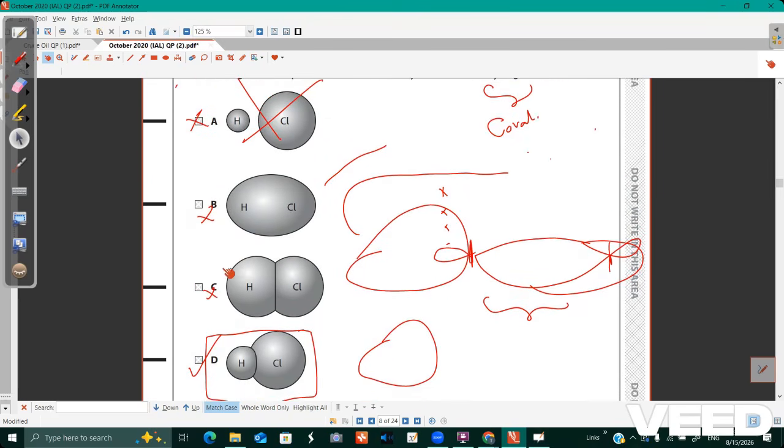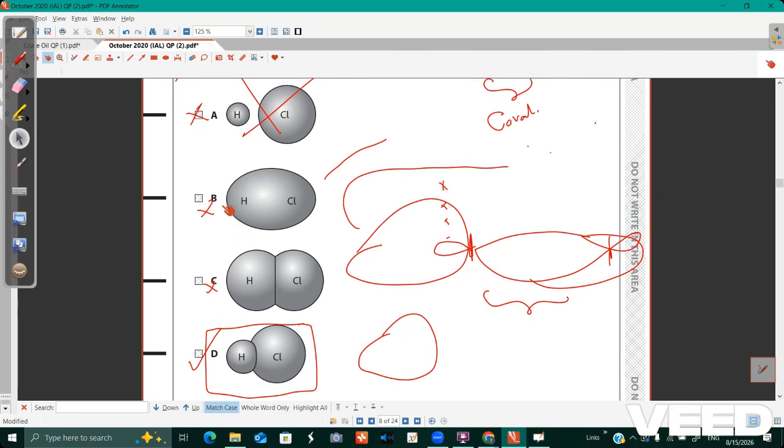Always, even when you're looking at a marking scheme, even if you're getting answers wrong, always argue why this answer is wrong and this could have been the answer. Think logically. You cannot get the answer just directly from the books.